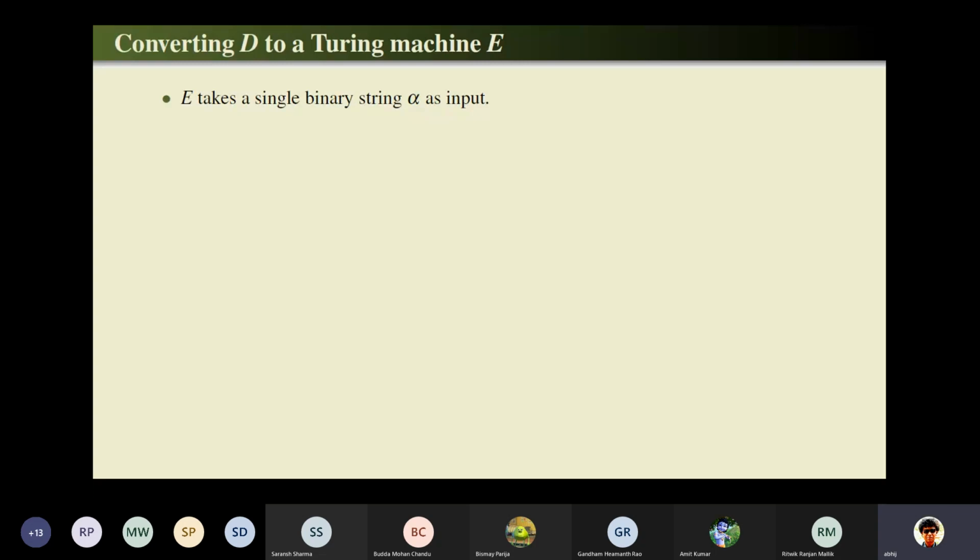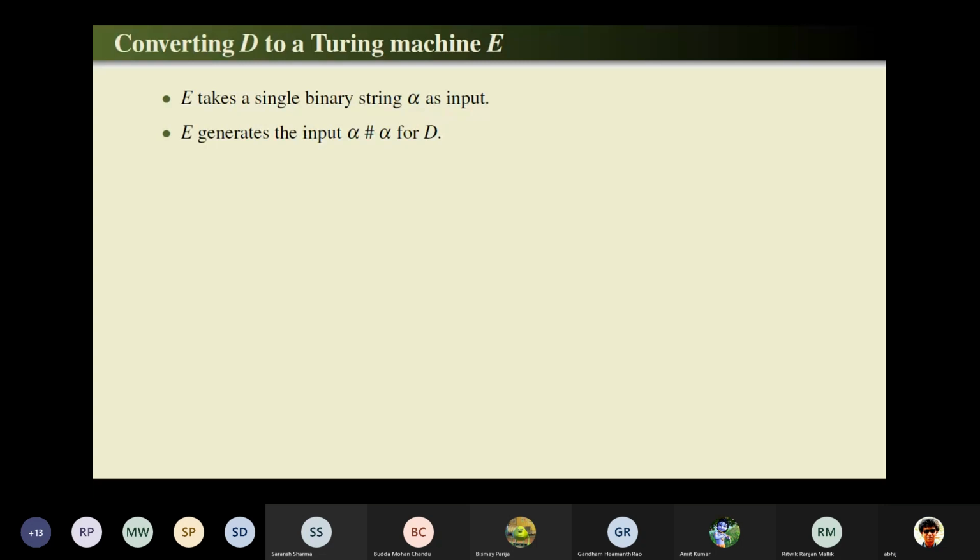Whether valid or not doesn't matter. So E generates the input alpha hash alpha by copying it and feeds that alpha hash alpha to D. Essentially, that means D is a decider.